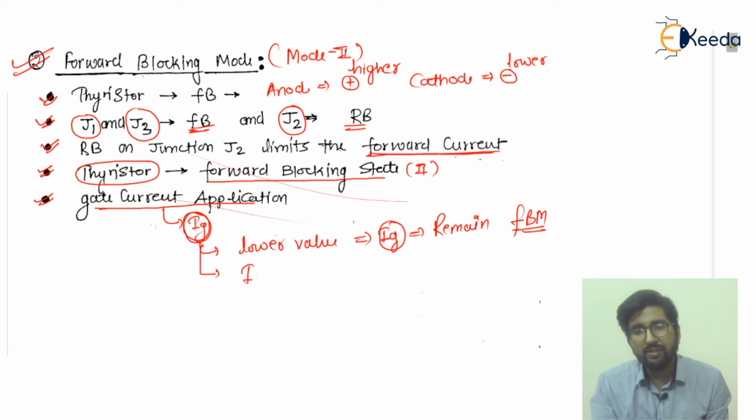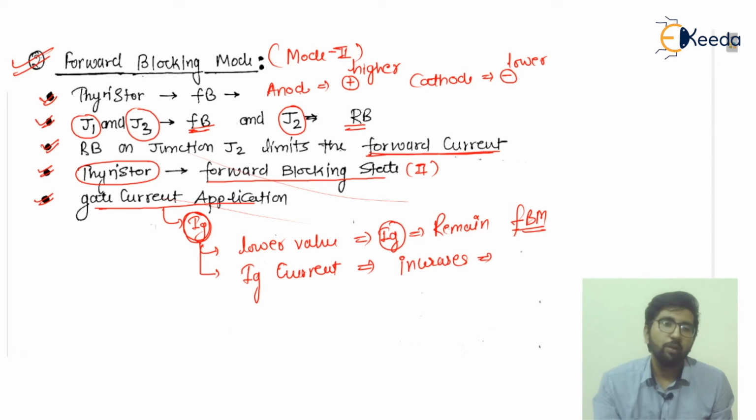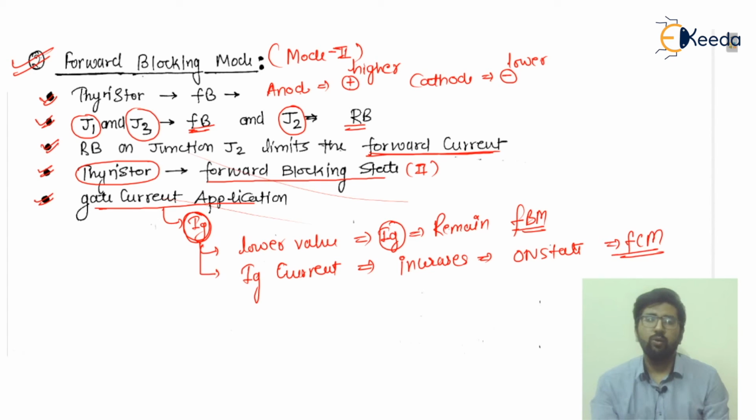But when this IG current increases, it will go to the on state, which is called the forward conduction mode.